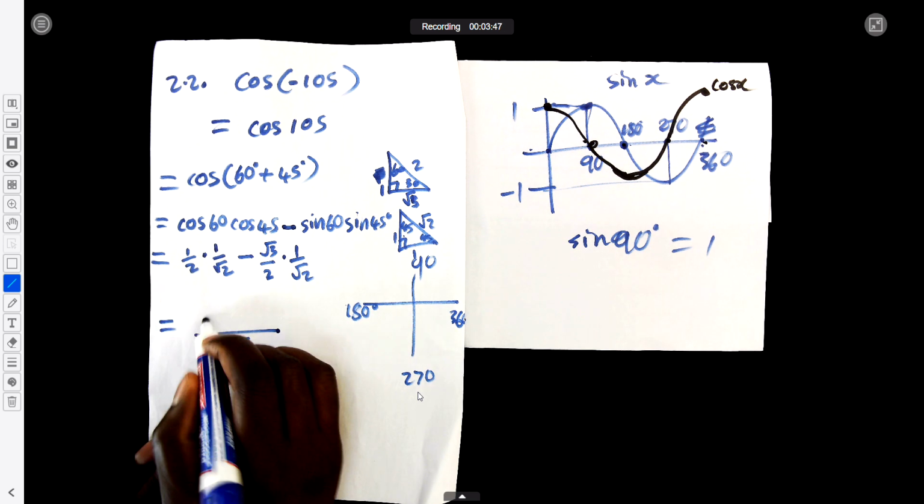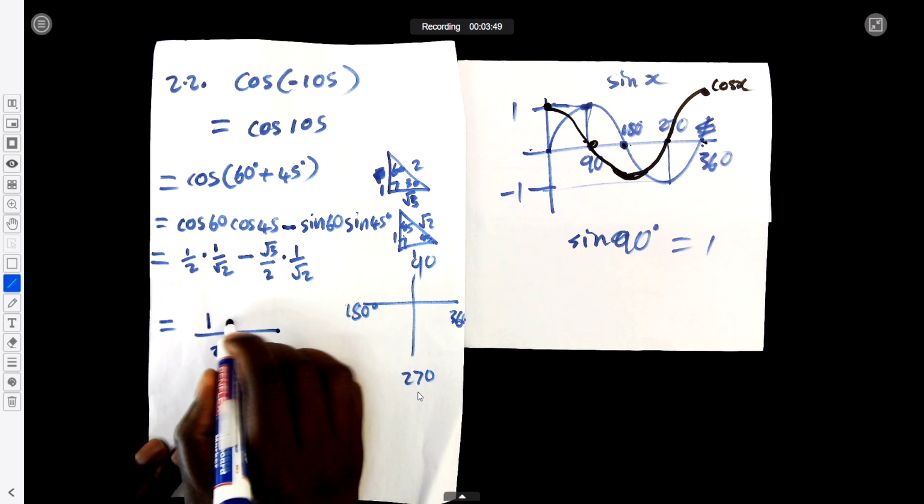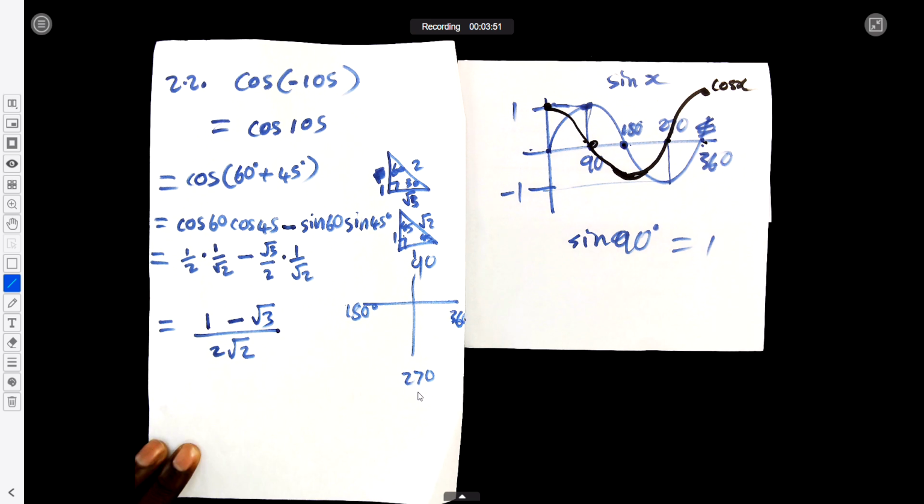And you're going to subtract the numerators. 1 times 1 is 1. √3 times 1 is √3. So when you have the common denominator there, you can combine the numerators. If they said don't use the calculator. If you want to simplify further, you can rationalize the denominator.